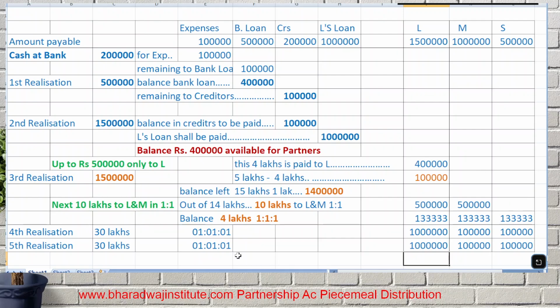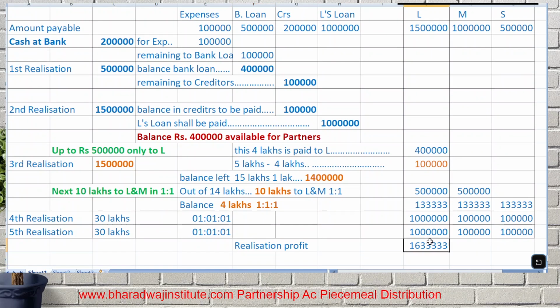Amount paid is more than capital. The difference is called realization profit. You can find the payment total is more than the unpaid balance, so realization profit will be there.